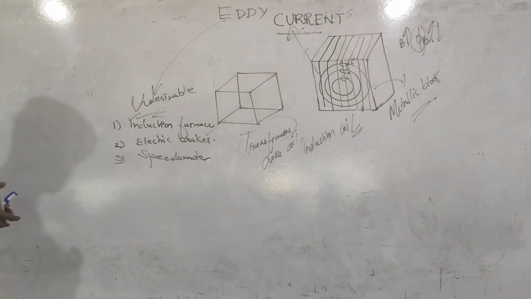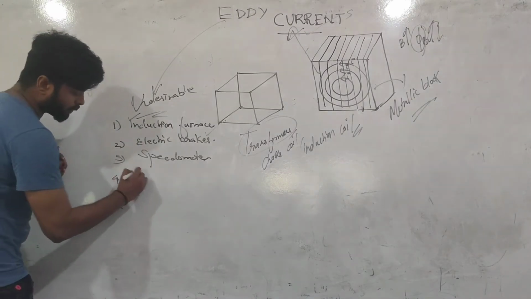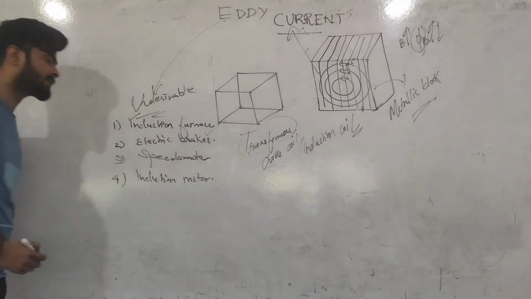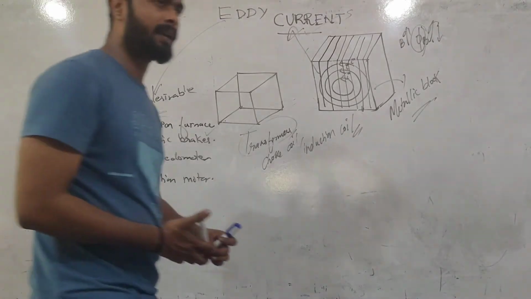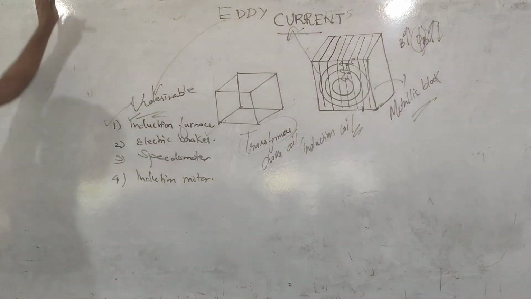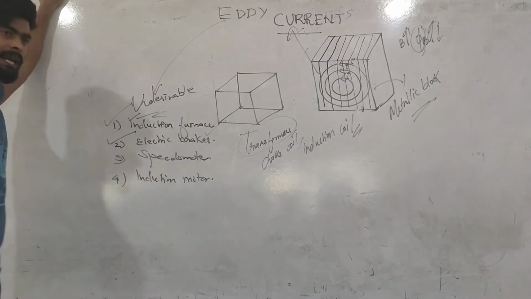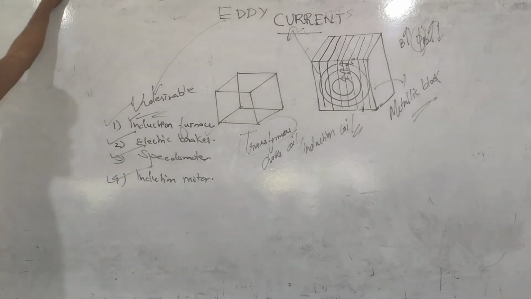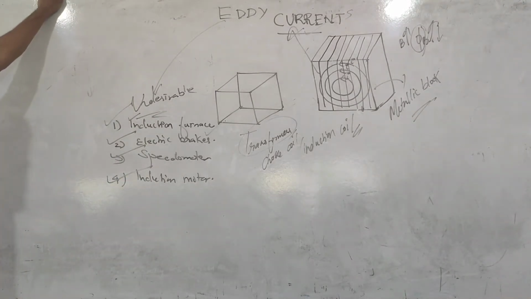And then you have the induction motor also. These are some examples for the application of eddy current: induction furnace, electric brakes, speedometer of vehicles, induction motor. So this is the topic under EMI, which is called eddy current.